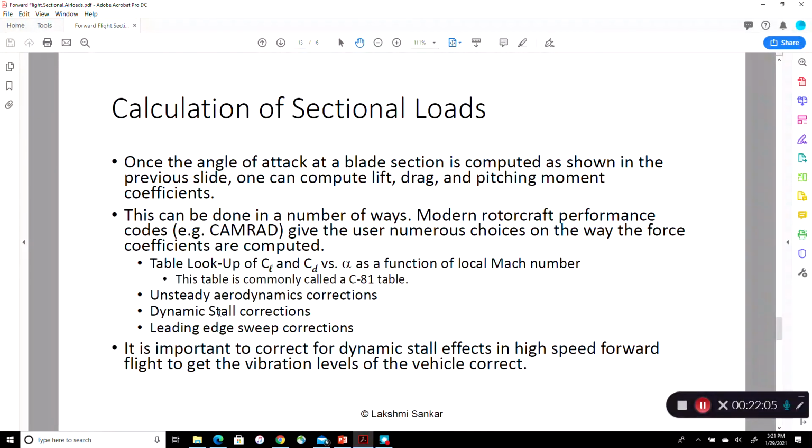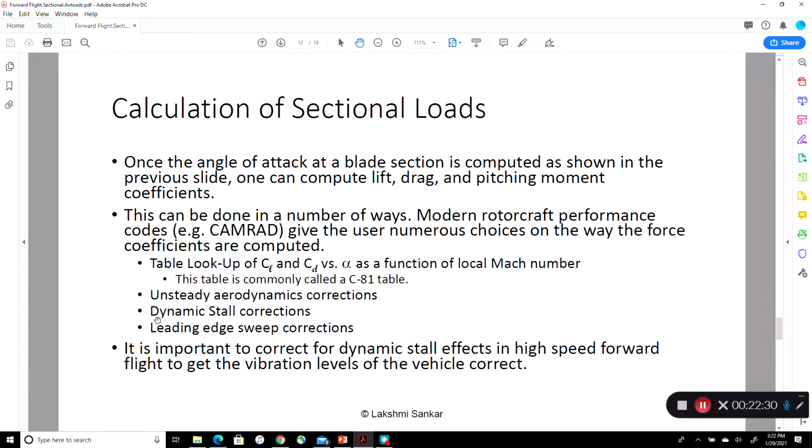Then if you go to extremely high alpha, the blade stalls. When you pitch down, the blade is reattaching. It may not go on the same path. So you may have a hysteresis loop, where initially CL versus alpha follows along one curve, and when you're pitching down, CL versus alpha follows along a different curve.